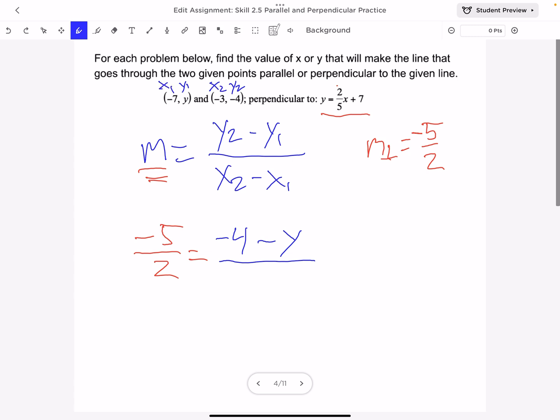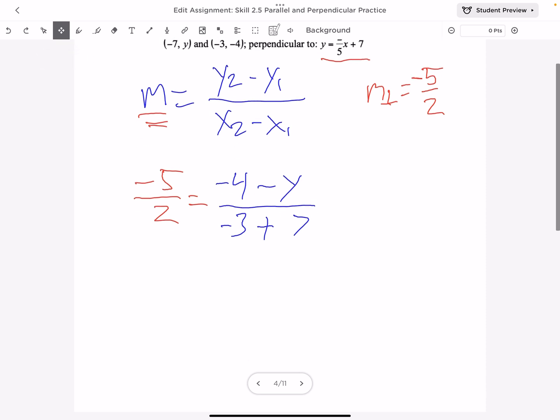You could, of course, flip-flop the points if you wanted, which would be negative 3 minus negative 7. Now, if we have a double negative like that, we just change this to a plus, negative 3 plus 7. And so then we want to combine our like terms in the bottom. So this would be negative 5 over 2 is equal to negative 4 minus y over, in this case, 4.